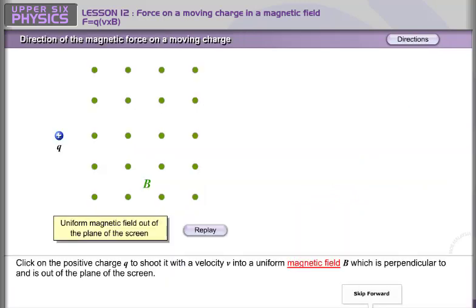Click on the positive charge Q to shoot it with a velocity v into a uniform magnetic field B, which is perpendicular to and is out of the plane of the screen.